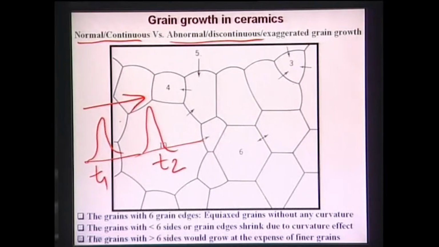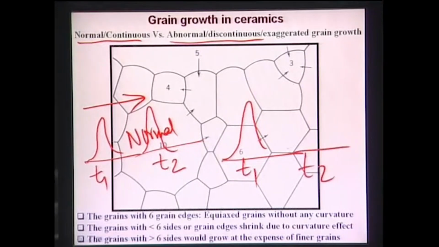What it means is that your mean grain size increases with time, but the overall shape of the grain size distribution remains the same. So it is called normal grain growth, right? Abnormal grain growth means initially your grain size is like this at time T1, at time T2 your grain size also is giving you two types of distribution, that is, unimodal distribution to bimodal distribution.